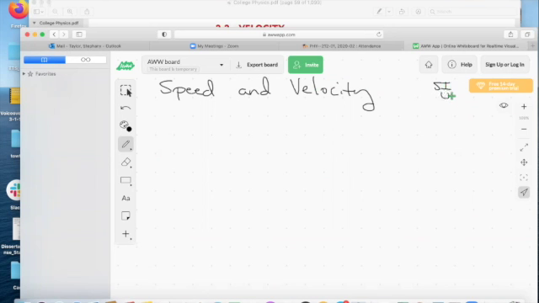Put the SI units over here. Okay, so your speed is your total distance traveled over time, and your velocity is your change in position over time. So your velocity is a vector quantity, and your speed is a scalar quantity.